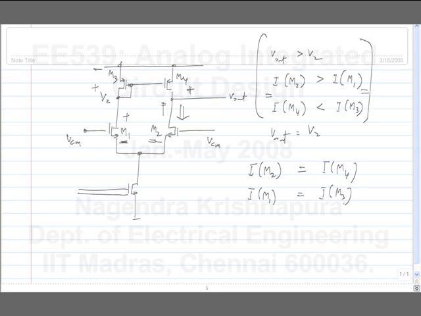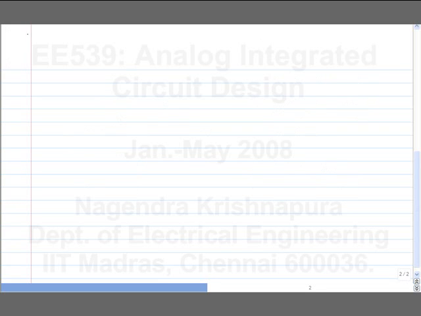Let's get back to making the op amp using the differential pair. What we did was to start off with a resistor here.